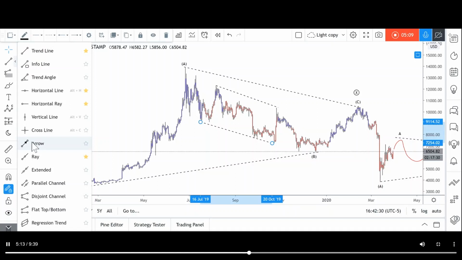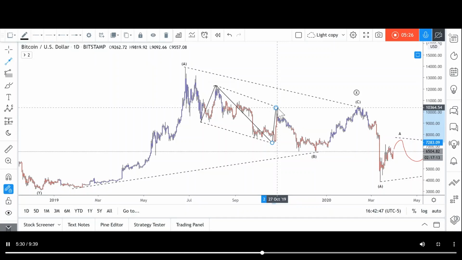When this flips red, that means this is all a B wave. And this C wave caused another flip up, giving us A, B, C subdivision. And this for me is like an AB base right here. You could call it 1, 2, 3, 4, 5, whatever you want. I don't really care.